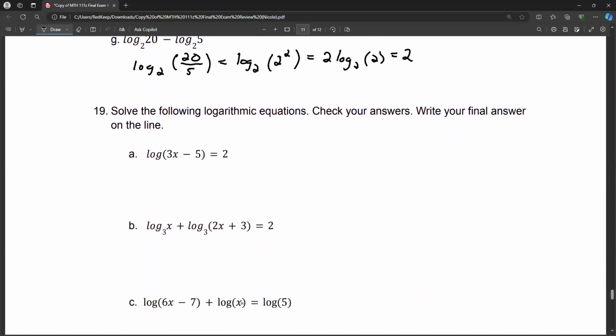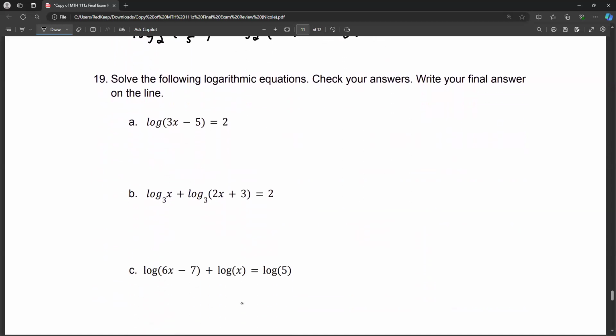Okay, on to question 19. We're asked to solve the following logarithmic equations, check our answers, and write our final answer on the line. Okay, and so here, what should we do first, right? Right away, we could observe that if there's no base value, we can assume it's log base 10.